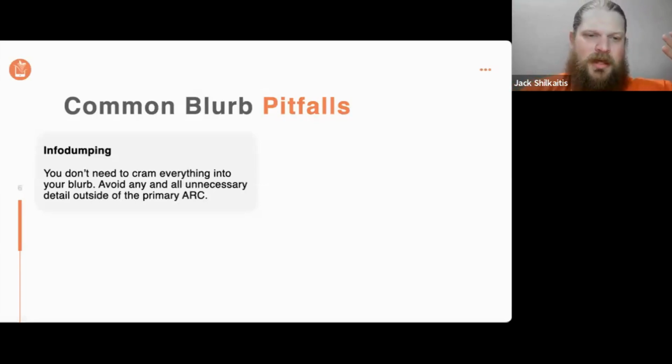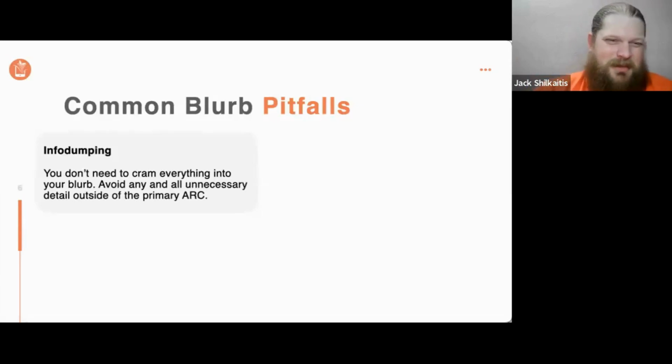We don't really need to know that stuff. We can set that all aside. One of the big things, especially if you write in a universe that you have crafted yourself, is terminology, right? If you have locations and people and terms that you made up yourself, these are all new words to your readers they've never seen before. In most cases, you're going to want to be careful not to dump too much of that into the blurb.